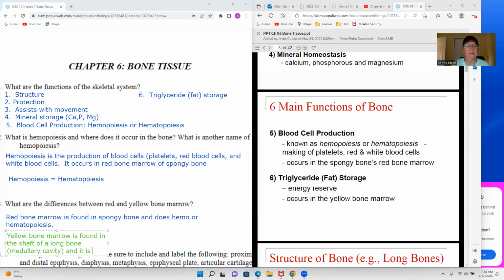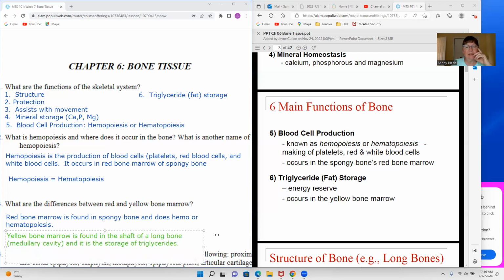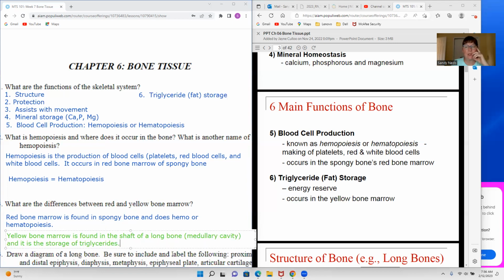And it is the storage of triglycerides. Now remember, triglycerides are the storage form of our fat so that we have it for energy.